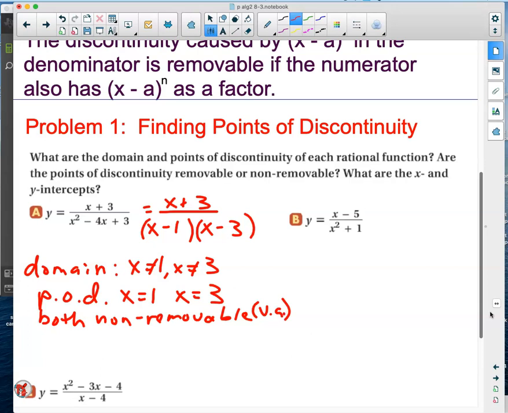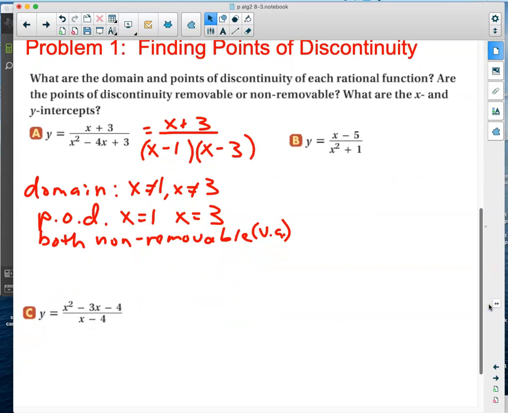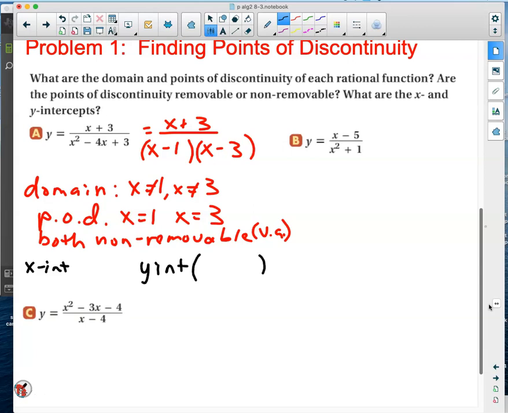And then, like I said, we haven't had to do this in a while. Find the x and y intercepts. All right, the x-intercept. So the x-intercept is going to be some number, 0. So that means y has to be 0.